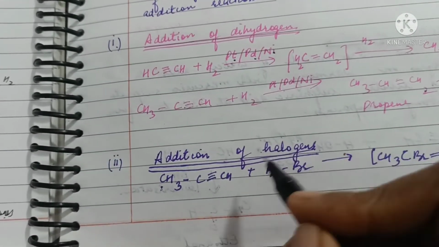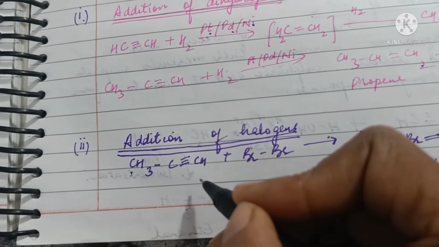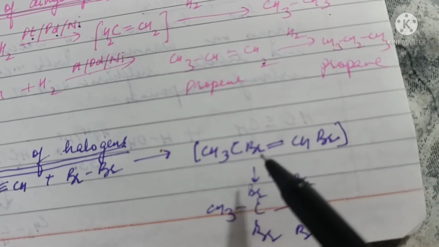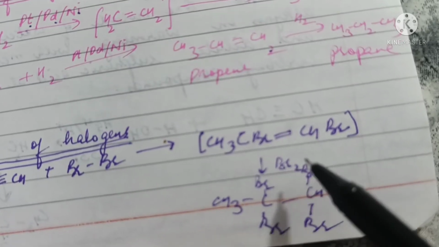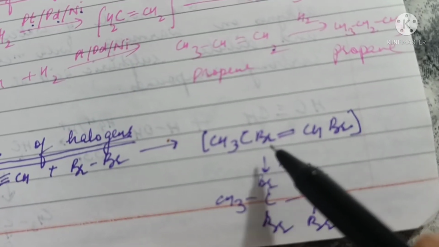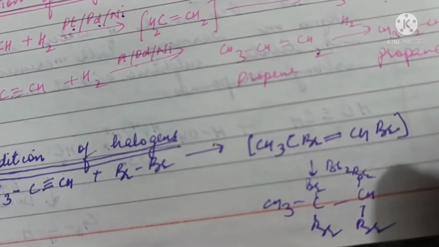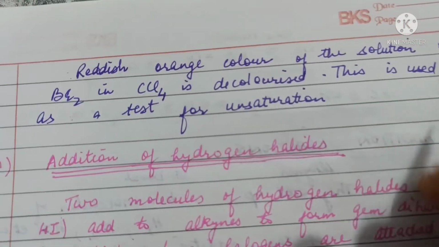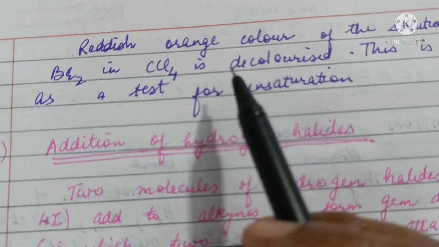On addition of halogens, again one bond will break, one Br will be attached here, one Br here. So we get a double bonded dibromo product. This will further add another molecule of bromine, another bond will break and another bromine will be added to form a tetrabromo substituted alkane with single bond. Because bromine is reddish orange in color, when it gets added to alkyne, this color is removed.